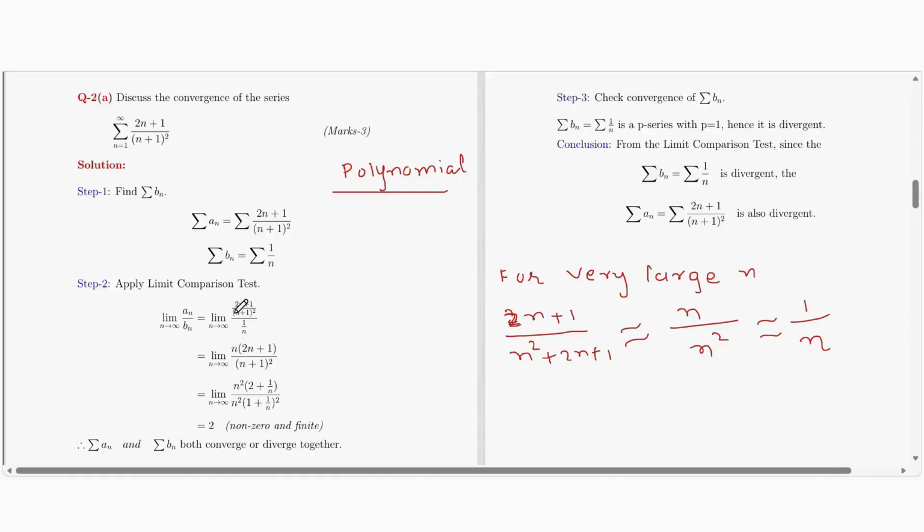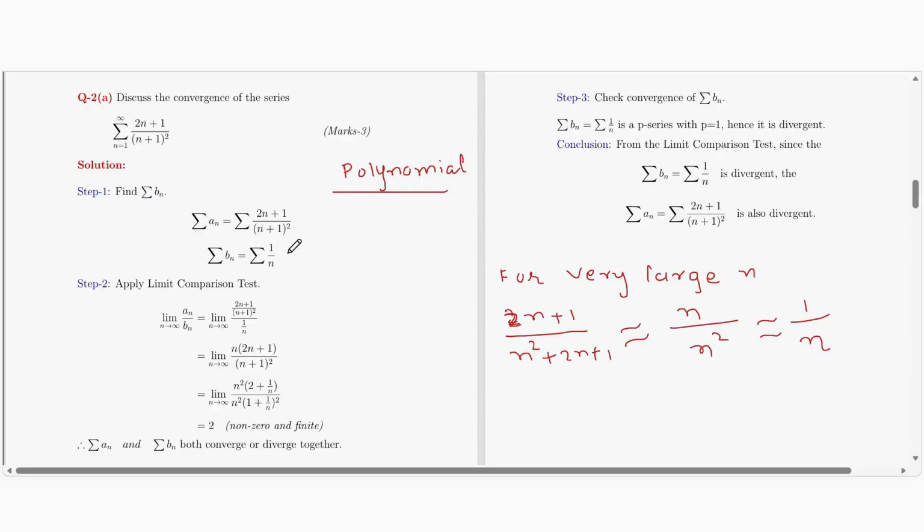Okay. तो लिमिट कंपैरिजन टेस्ट के लिए फर्स्ट ऑफ ऑल हमें क्या चाहिए? फॉर अ गिवन सीरीज an we need to find a new series bn. ओके, सो दिस इज माई गिवन सीरीज an. Now how to find bn? So for very large value of n, here what is given? 2n plus 1 upon n square plus 2n plus 1.